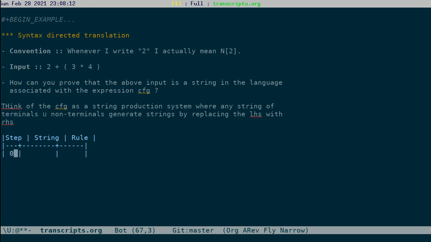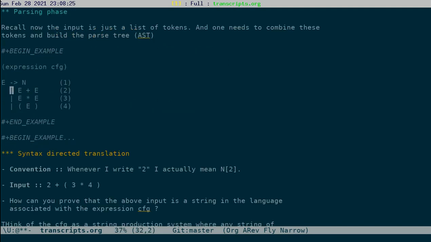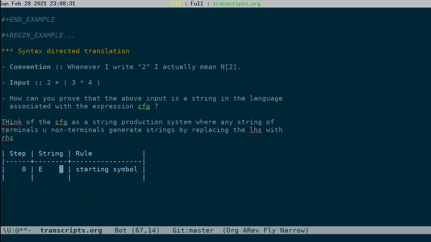You begin with step 0 where you start with the starting symbol. Okay, now you can apply any of these rules. Because my goal is to get to this string, I will first apply the plus rule, rule number 2. So I replace this by E plus E. This is rule 2. Okay, then this is step 1.